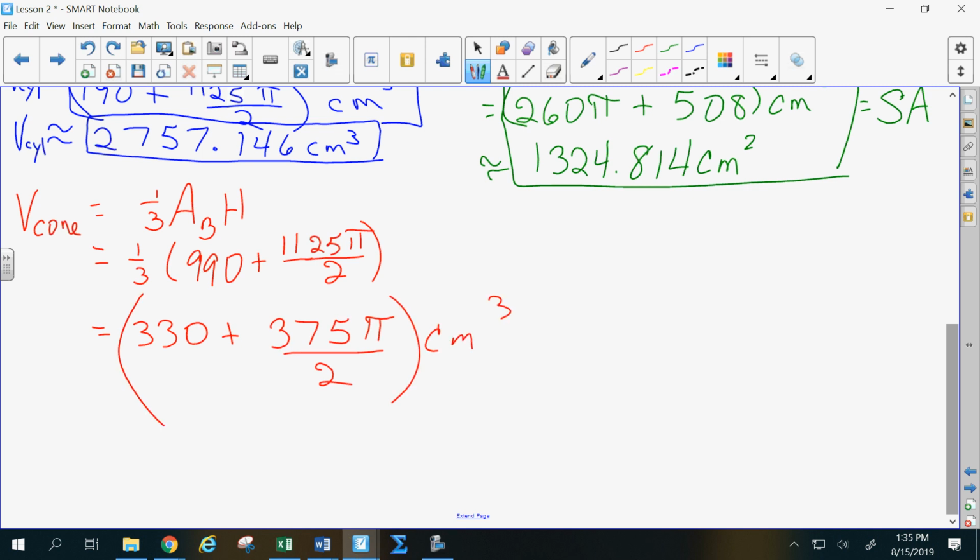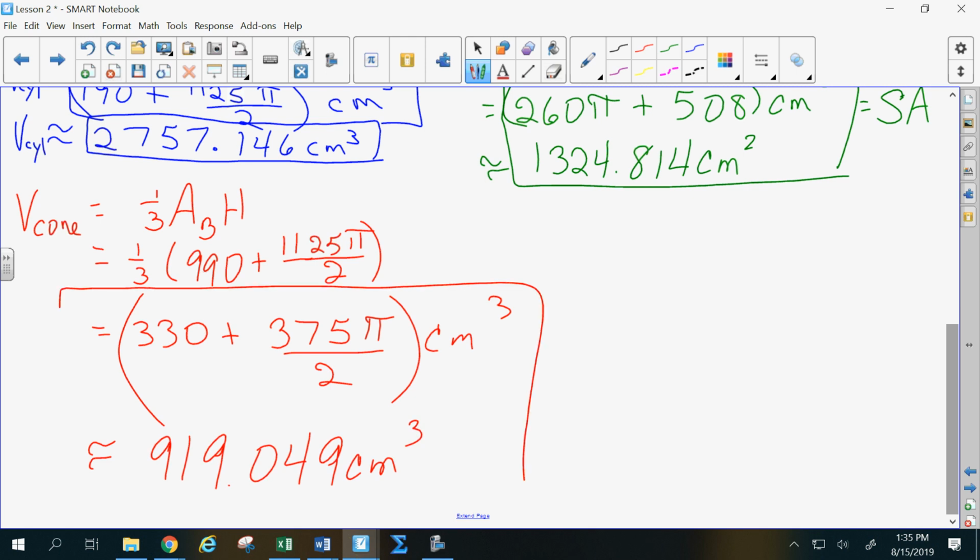So this volume is 330 plus 375 pi over 2 cubic centimeters. And punch that in on your calculators. And Mia, do you have it? Excellent. Thank you so much. So long and messy, but we got there.